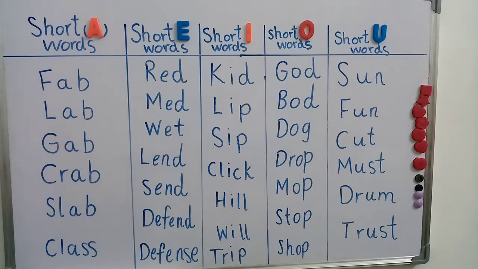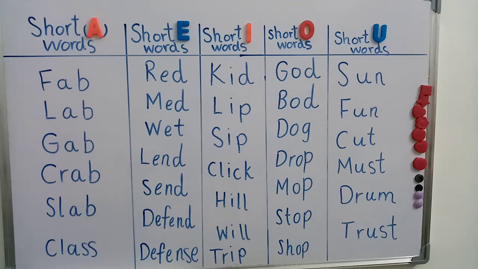For example, you should ask yourself: is the vowel followed by a consonant, or is the word closed by a vowel? This helps determine if the vowel makes its short or long sound.